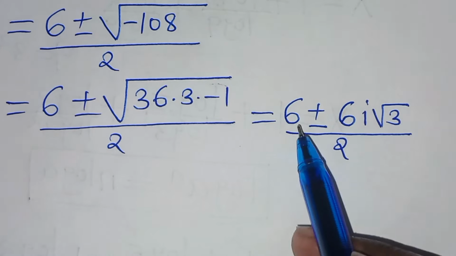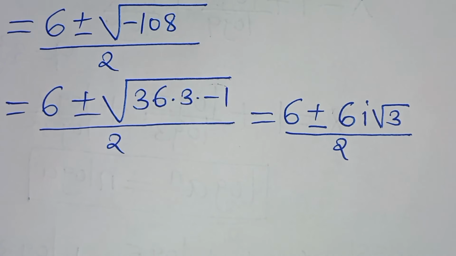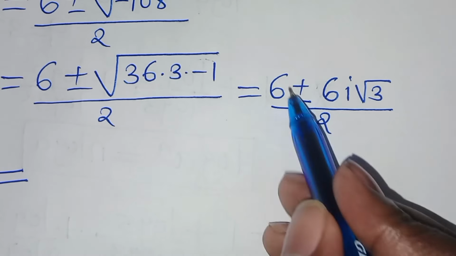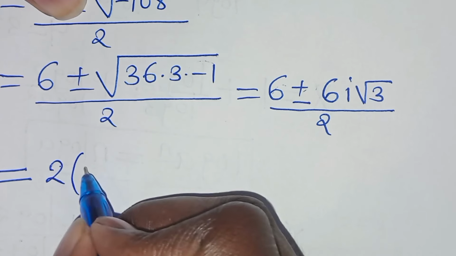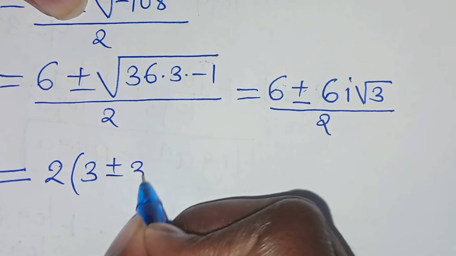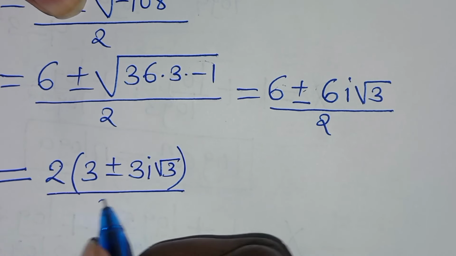So this implies that from the numerator, we can factor out 2, so that now we have 2 into the parentheses, 3 plus or minus 3i square root of 3, everything divided by 2.